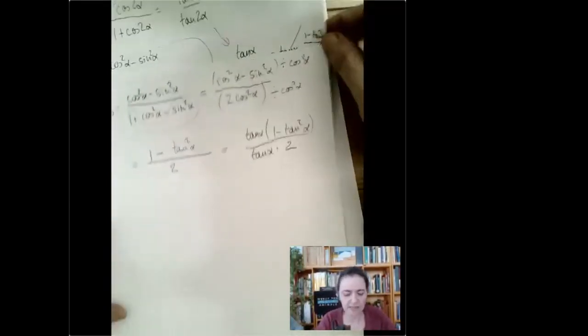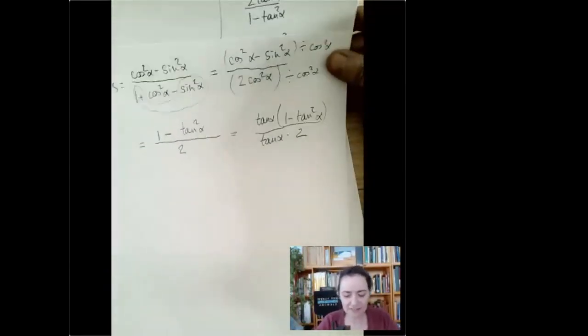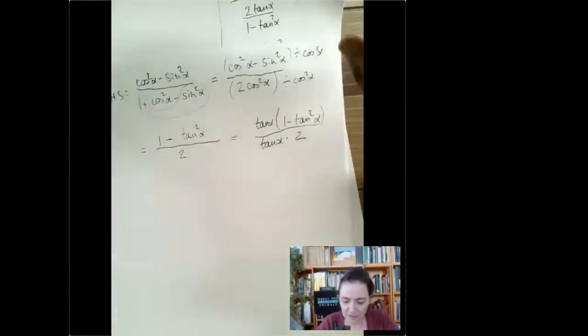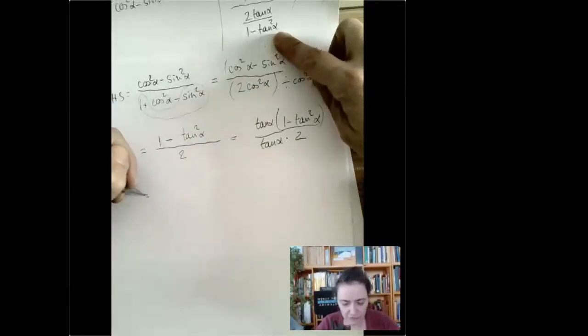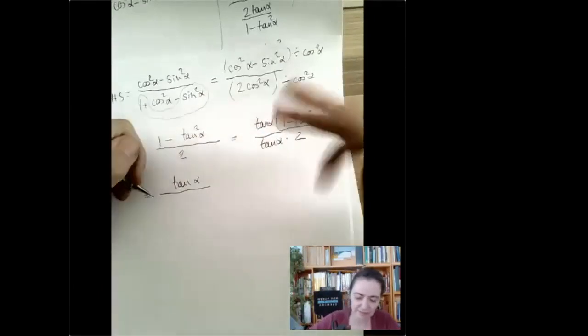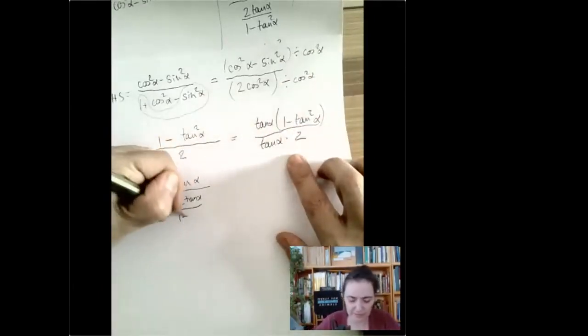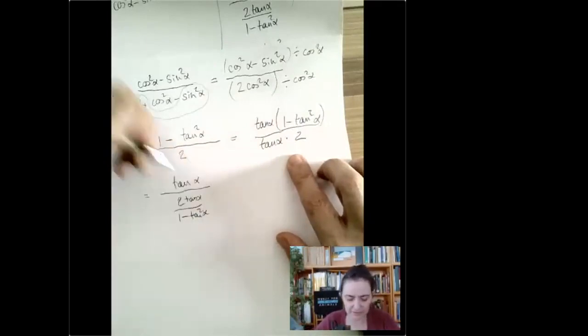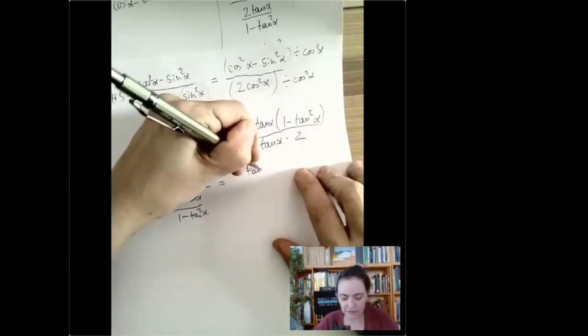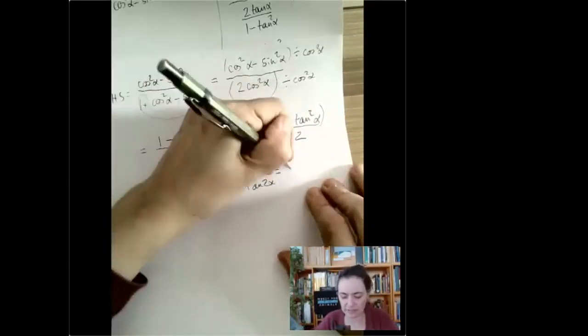And it looks like it's coming out of the blue. It looks like, wow, how did you come up with that one? And then that's equal to tangent alpha divided by basically the rest flipped, which is 2 tangent alpha over 1 minus tangent squared alpha. And that's tangent alpha over tangent 2 alpha, which is the right-hand side.